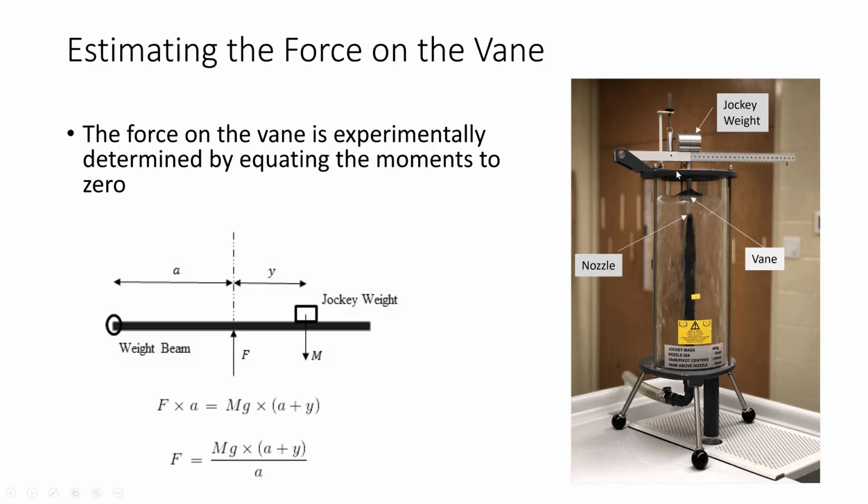And then we can apply moments. We can take moments right around that edge there. We say that the force of water that's acting on the vane, times the distance a, which is shown as this white line here and is given to you as 15 centimeters in your experiment, is equal to the mass times the acceleration due to gravity, which is the weight of the jockey, times a plus y.